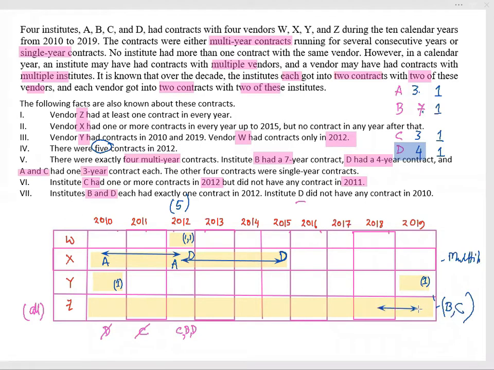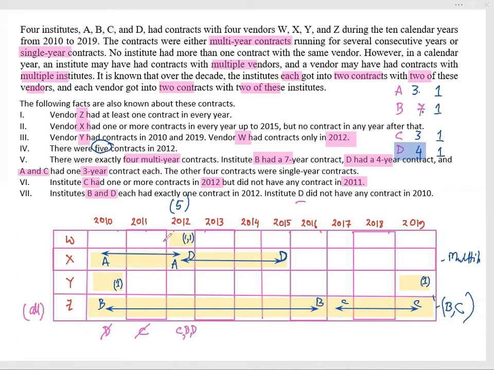That means this 3-year contract would definitely go for C. And the first 7-year contract, 1, 2, 3, 4, 5, 6, 7, would be for B. So we have seen the entire multi-year contract.